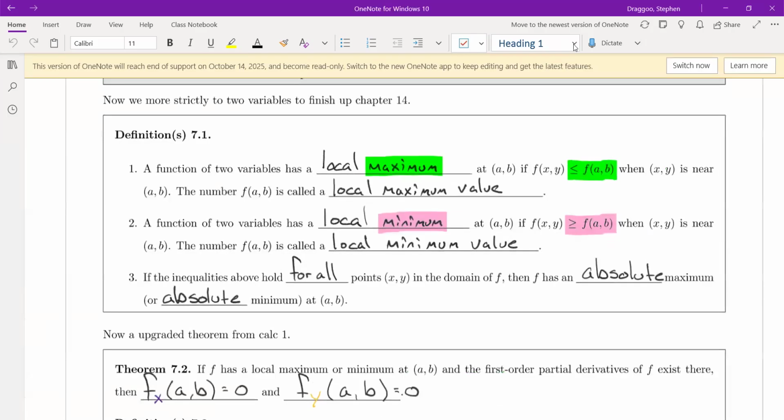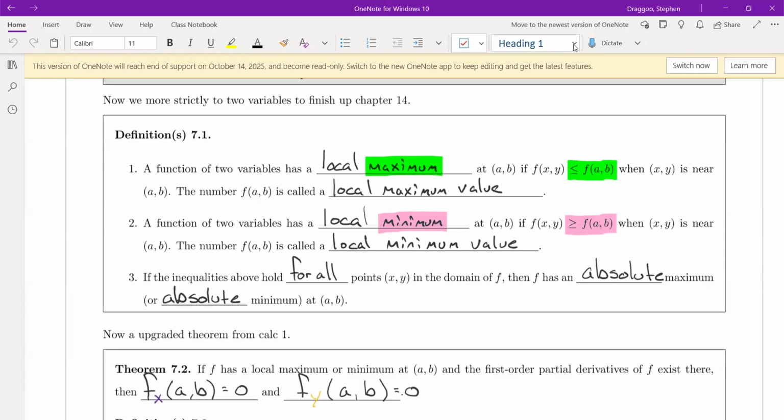So we'll define those local minimums and local maximums basically the same way. Except now we're going to have a point (a, b) instead of just a single x value. But if it is the largest point around, it's a local maximum. And if it's the smallest point around, it's a local minimum.